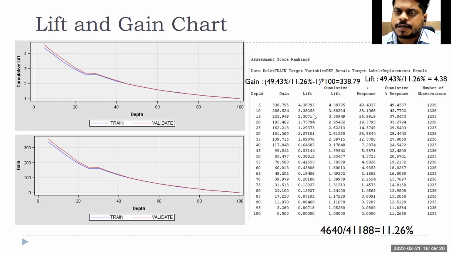It is the cumulative response percentage divided by the baseline performance. So 5, 10, 15 are the top 5%, 10%, 15% of your customers that your model is able to predict, as you go on until 100 becomes total customers. The total customers baseline is already given as 11.26.